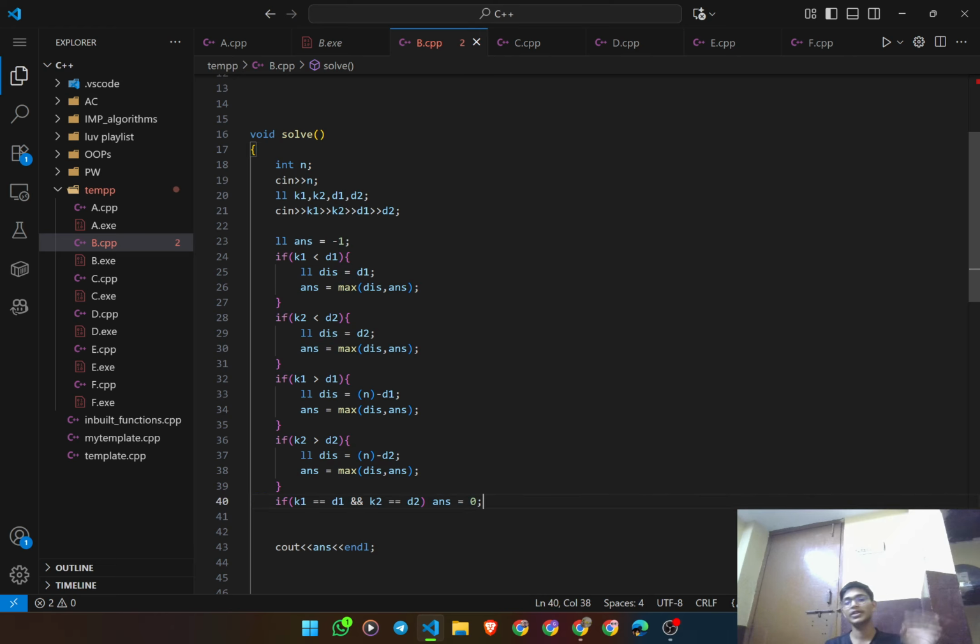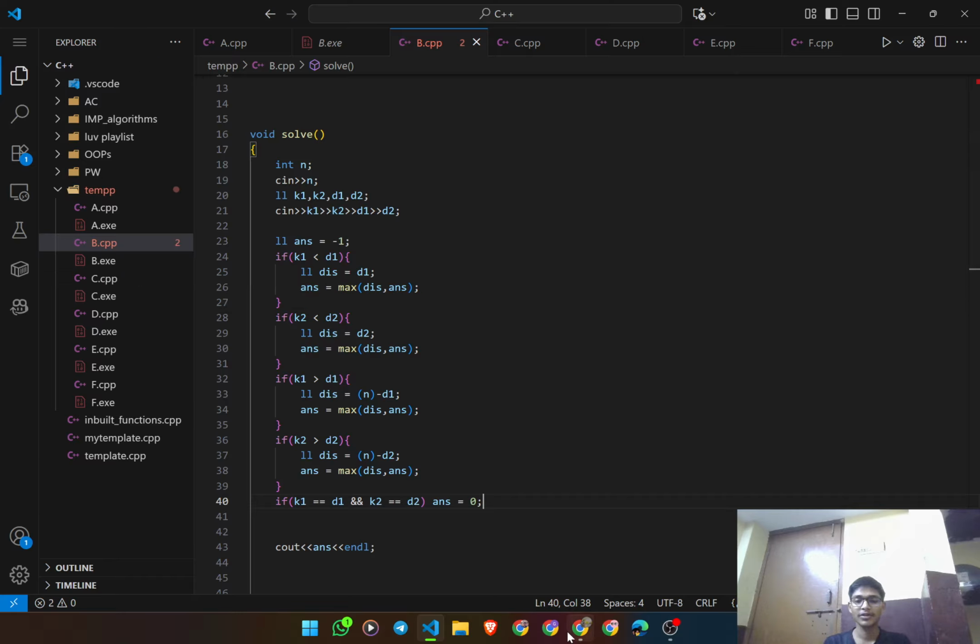If both of them are at the same place, the thief can go to another cell, but the police will also come back to that cell and catch him in the first iteration only, or in the 0th iteration only.